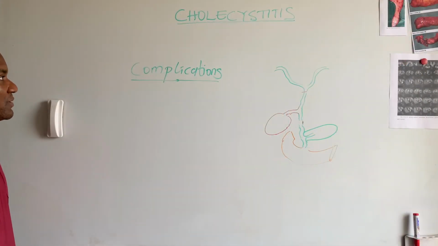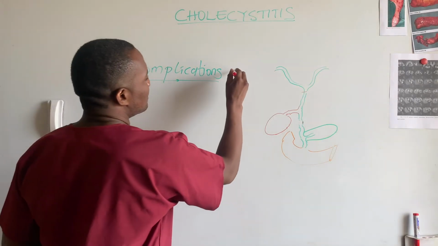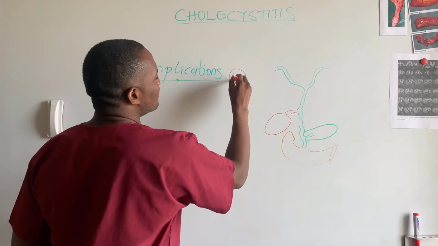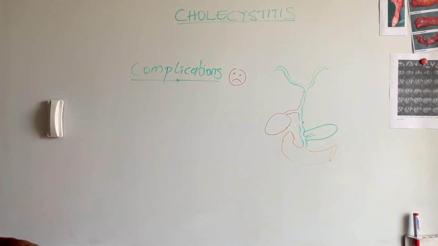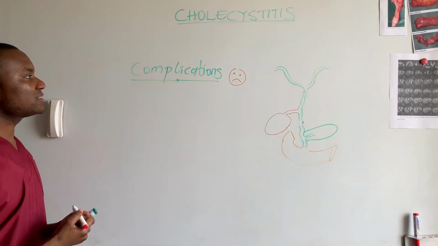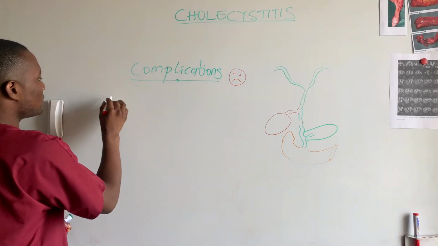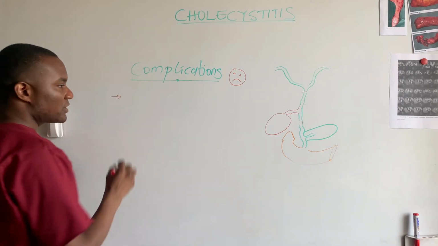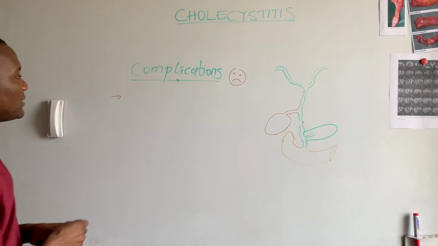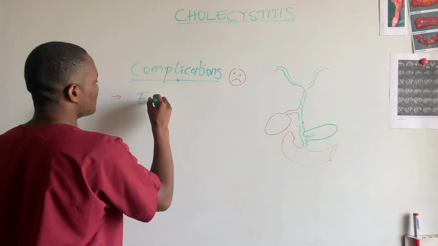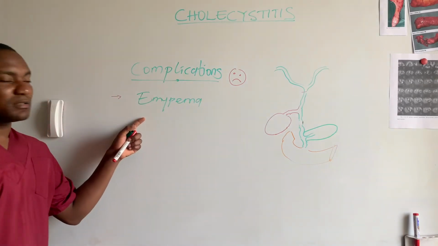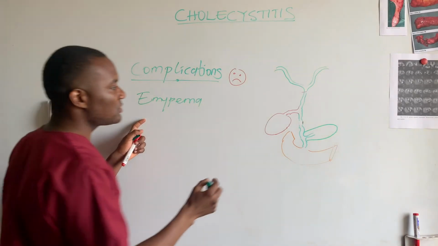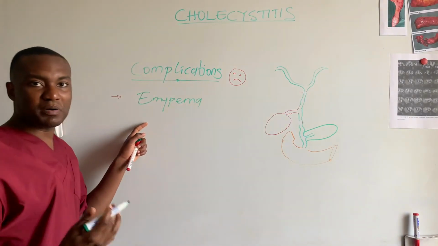Now we will talk about the complications of cholecystitis. These are things neither you nor the patient wants. However, things happen. So the first complication is empyema. Empyema simply means the formation of pus.